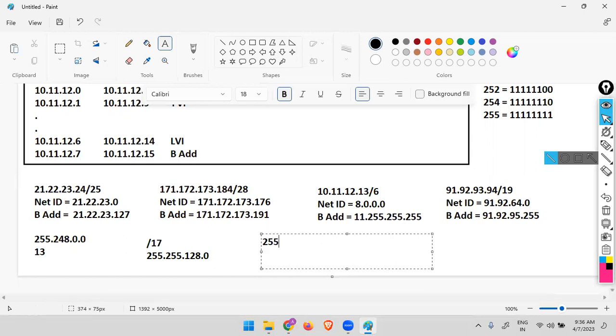What if your subnet mask is 255.255.240.0? What is the slash value? 20. Correct. 8 plus 8 plus 4, 16 plus 4, 20.